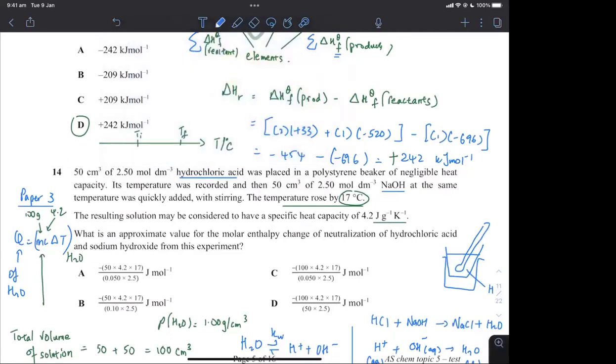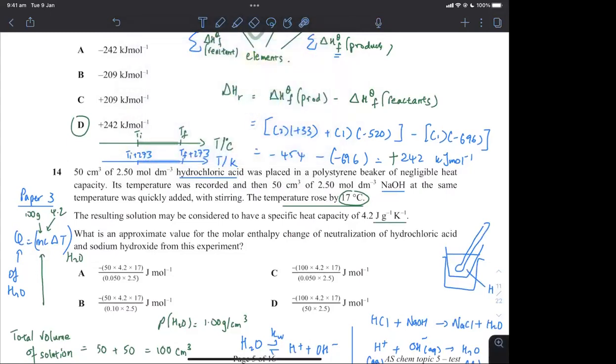Now I'm going to draw another scale, which is in Kelvin. So this is Ti plus 273, and this is Tf plus 273. And what do you notice? The temperature change is going to be Tf minus Ti. So even after I add plus 273 to each, temperature change is a difference.